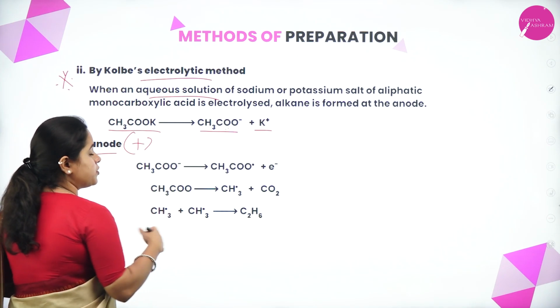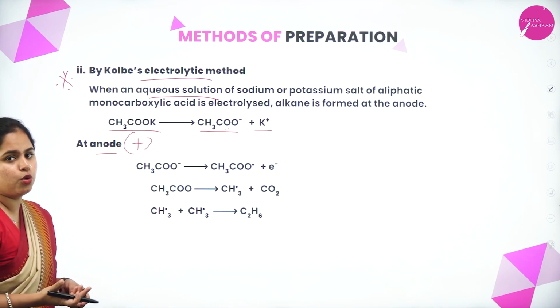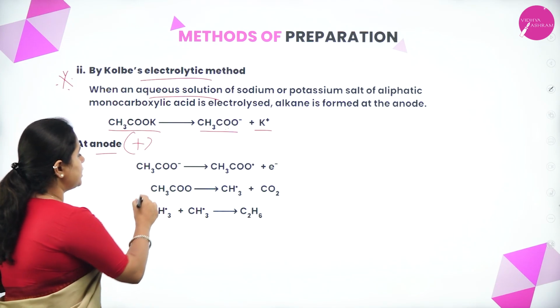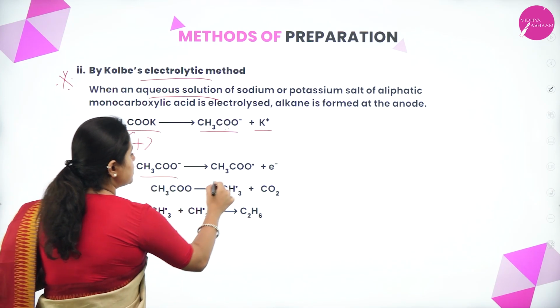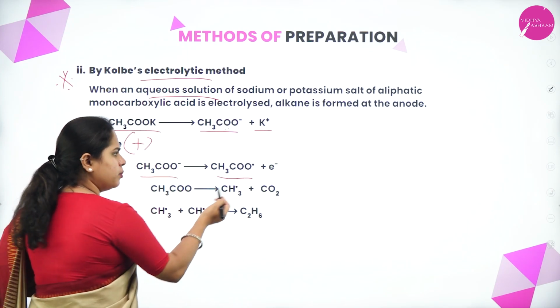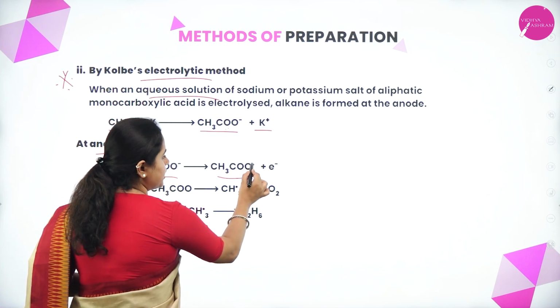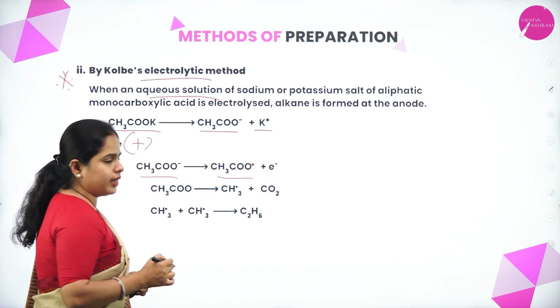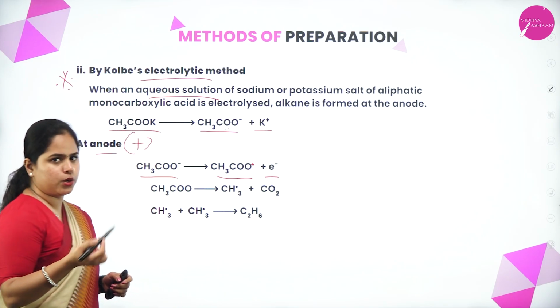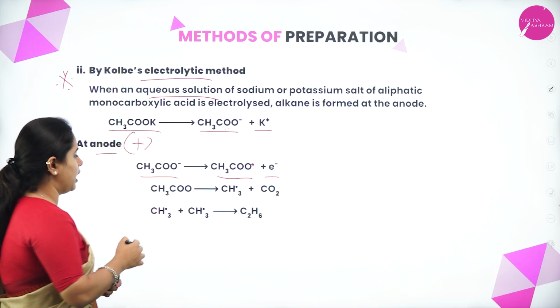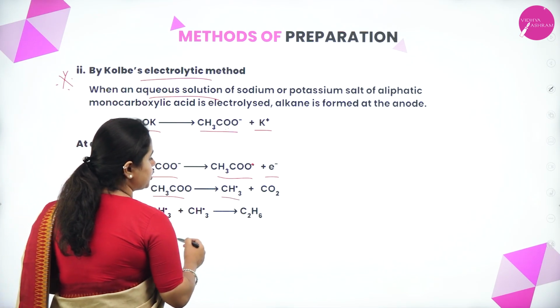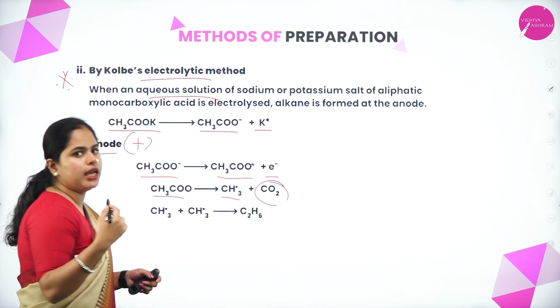So now what happens? What is the reaction happening at the anode? This is important, right? So CH3COO minus becomes CH3COO radical. You are familiar with what a radical is, right? So you can see here, it becomes CH3COO radical and one electron will be removed, right? So now this radical will further form CH3 radical and CO2 will be liberated.